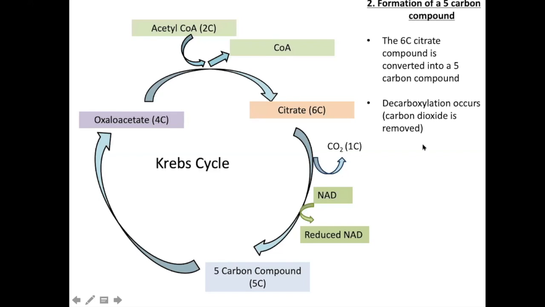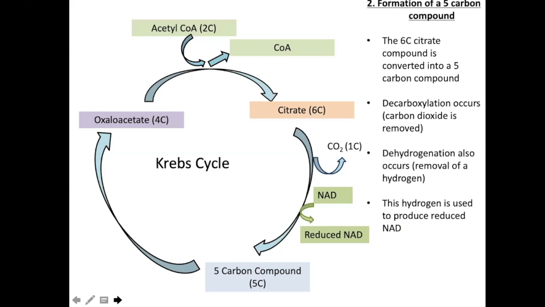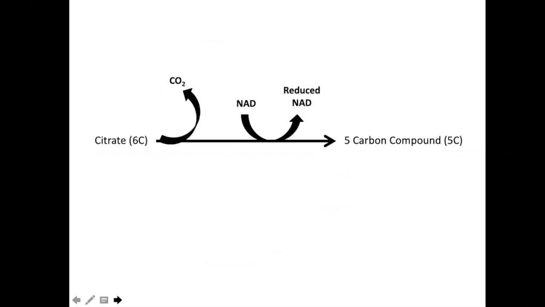It's worth mentioning again that whenever CO2 is given off, this is called decarboxylation, okay? Carbon dioxide is removed. It's also worth pointing out every time hydrogen is removed from a molecule, this is called dehydrogenation, okay, it's a technical term. And each time we do dehydrogenation, we're going to produce NADH, because NADH will yield us ATP later on.